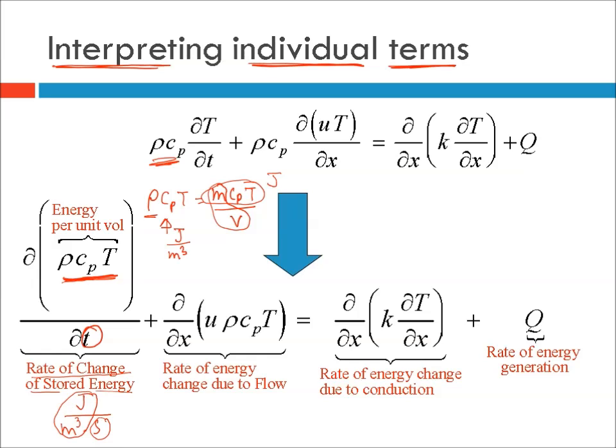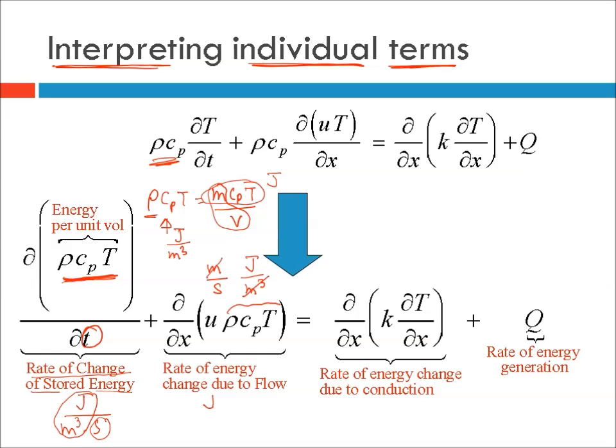And the same way we have this term, and let's go through that. So again, rho Cp T, as we just said, the unit of that is joules per meter cube. U is the velocity with which things are moving, and the unit of that is meters per second.